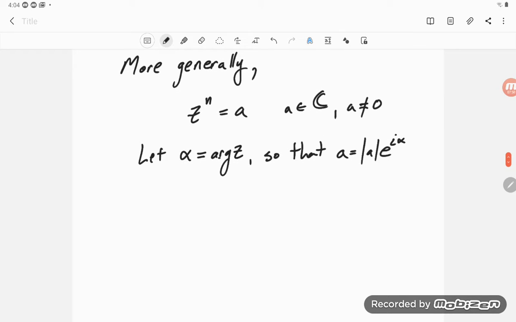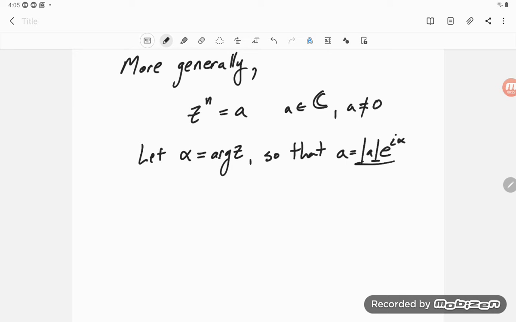Okay, so I think actually they mean, so I'm just kind of reading their proof, but I think they have a typo there. See, they say let alpha be arg z, but then they say a is this.